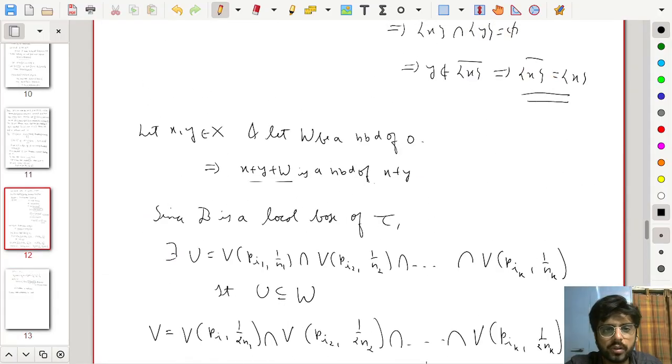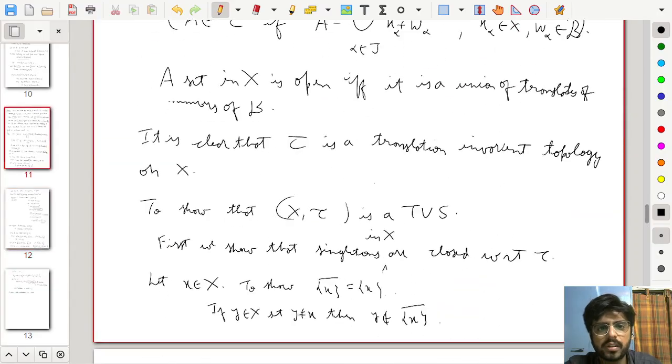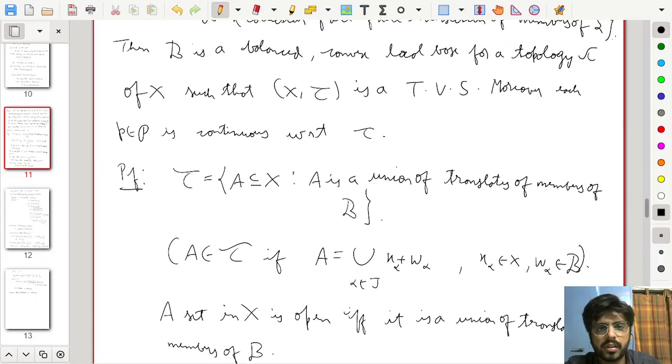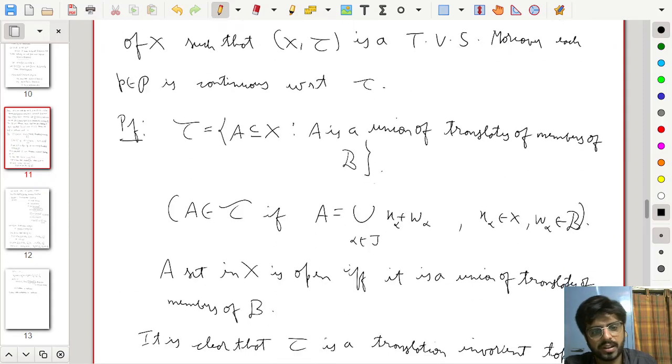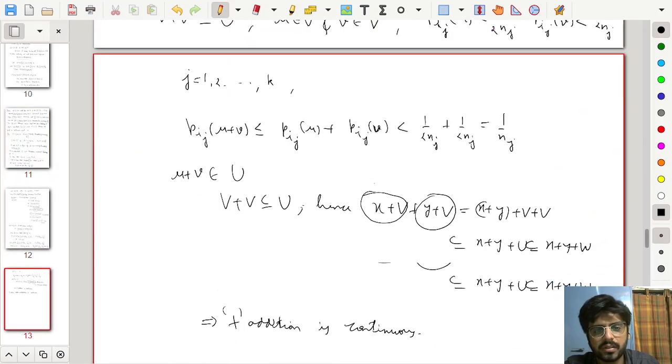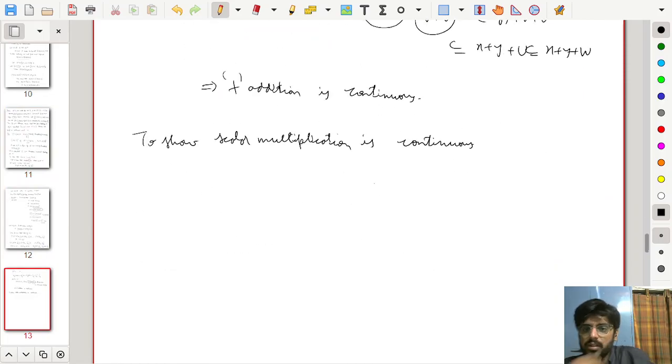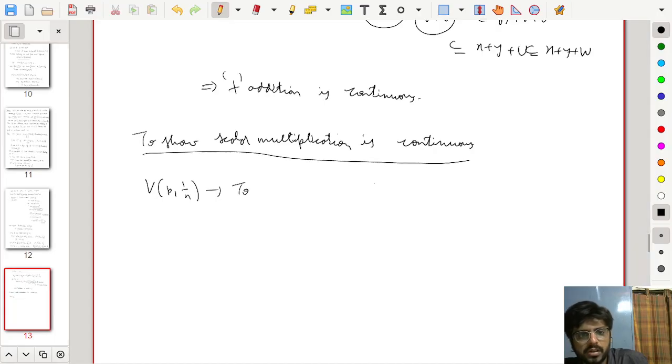Okay, I forgot to show, sorry, we also had to show that this collection V_{p,1/n} is balanced and convex. It's quite easy. Okay, let us do that. Let us show it's balanced. Before doing this, let us show these are balanced and convex.